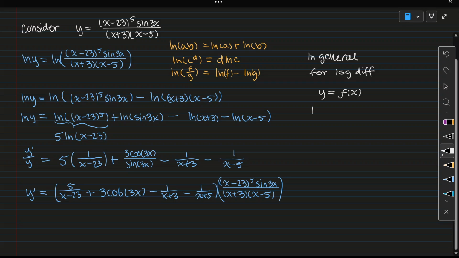So the first thing we do is we take ln of both sides. And by doing that, it allows us to simplify something here on the right-hand side. So I'll have that this is ln of y, and this will be some simplified version of ln f of x, simplified by log rules.